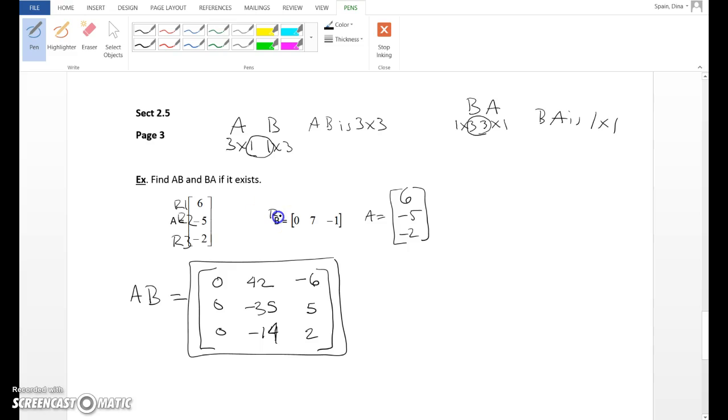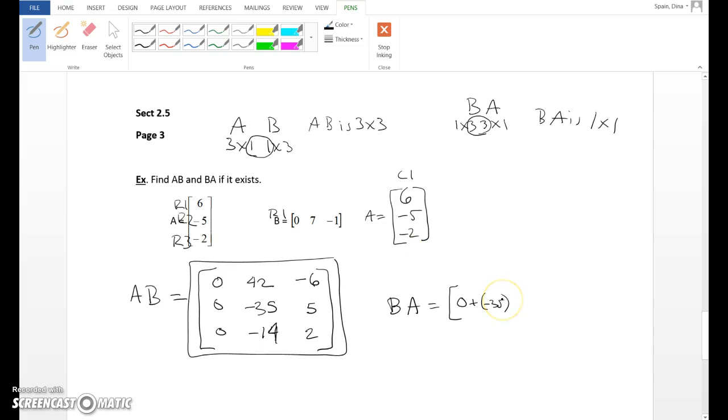Alright, so now I have to take the row of B dotted with the column of A. So matrix BA is going to look like this. Remember, it's a 1 by 1. Alright, that's going to be row 1 of matrix B dotted with column 1 of matrix A. So 0 times 6 is going to be 0. 7 times negative 5.